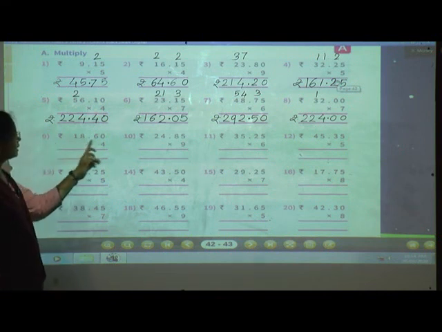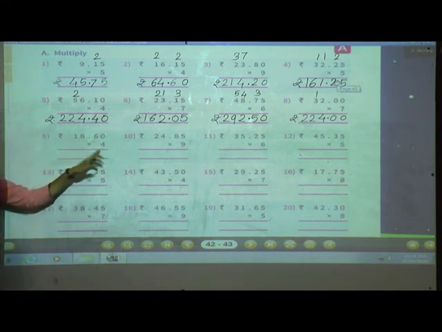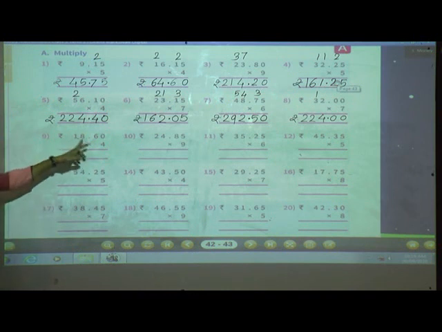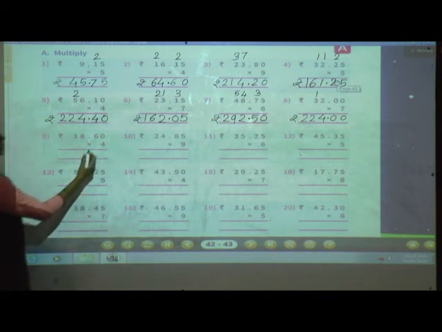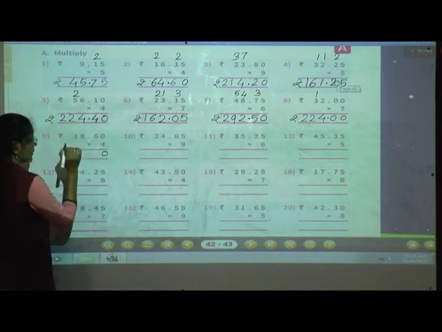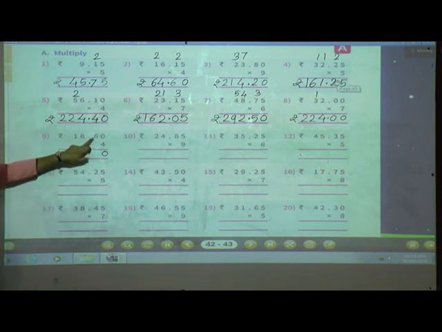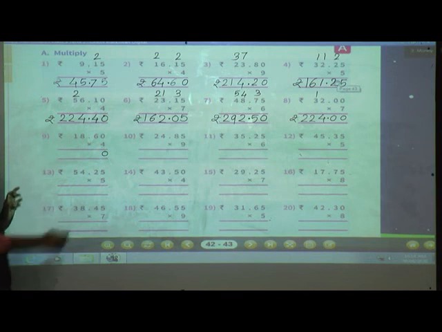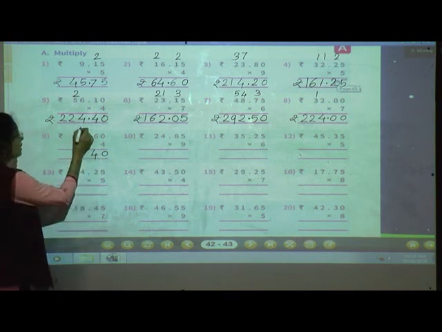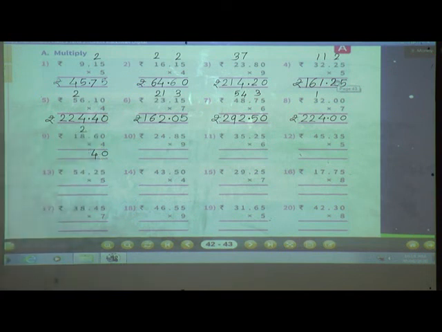Okay, see here, read the amount. Rupees 18.60 into 4. Yes, start the multiplication. 4 into 0, 0. 4 into 6, 4 6s are 24. So write here 4 and give 2 as a carry.